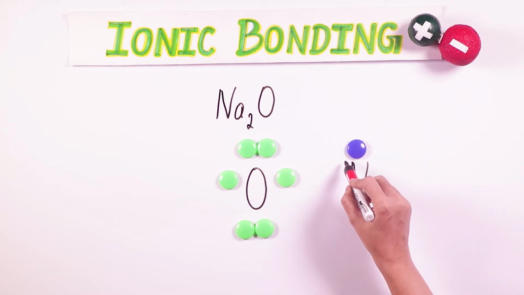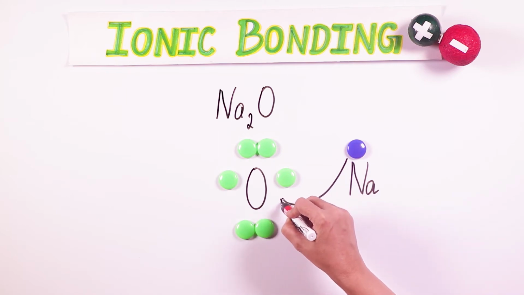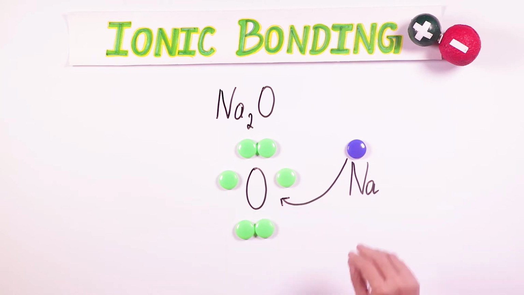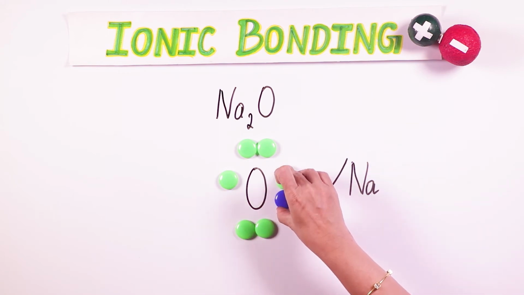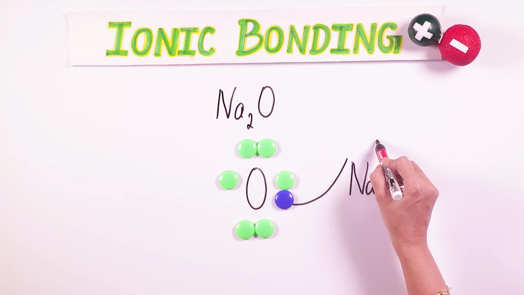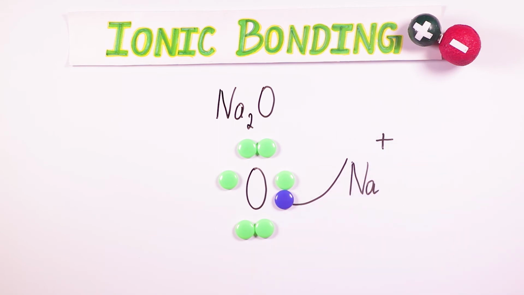This electron can be completely transferred into the oxygen's valence shell, making sodium lose its electron to the oxygen, and thereby sodium gets a positive charge.